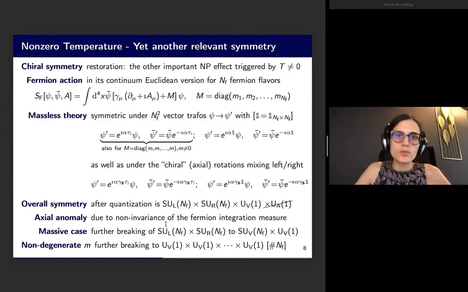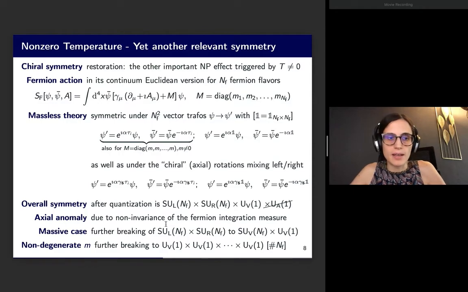And then you might want to simulate actual quarks as we know them in nature, and these are massive particles, which leads to a further breaking of this subgroup of the symmetry group into SU(N_F) vectorial times U(1) vectorial, with this part of the symmetry group that cannot be broken down further, as we know from theory for the vector-like coupling.